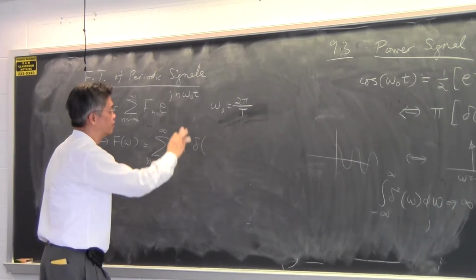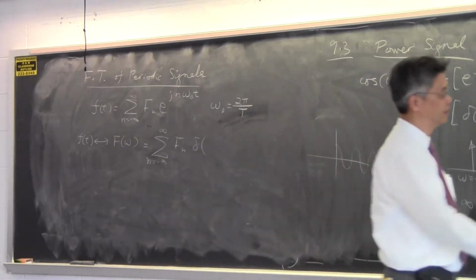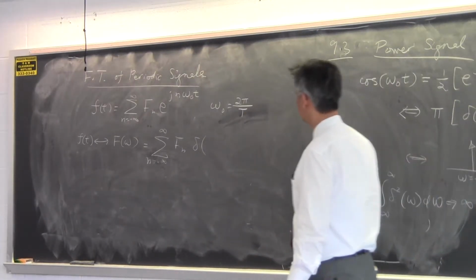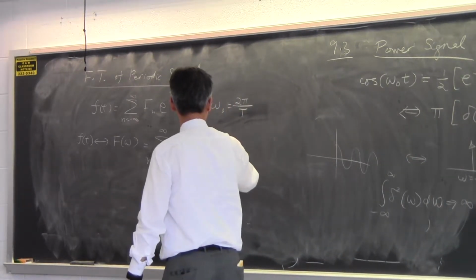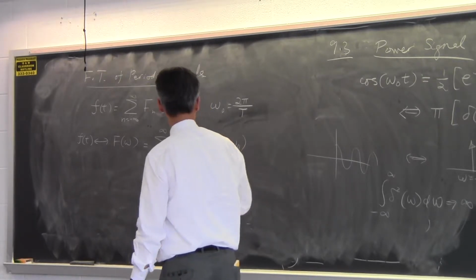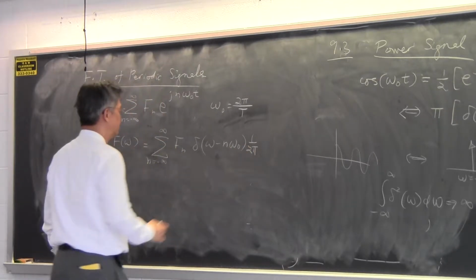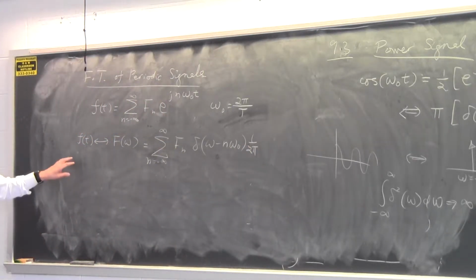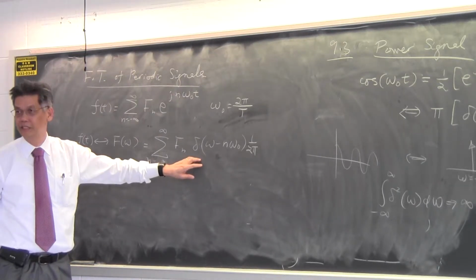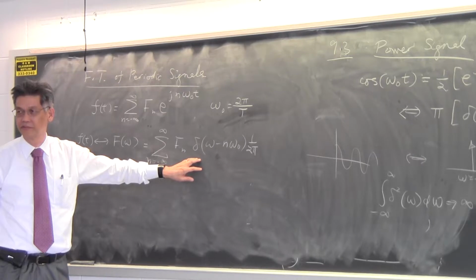And each of these terms will transform to this quantity over here, which is omega minus n omega naught, and then you have to put the 2 pi somewhere. So what you see is that the Fourier transform of the periodic signal becomes sums of impulses in the Fourier space.